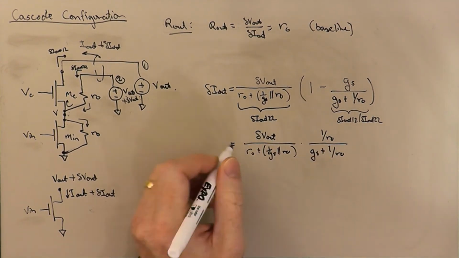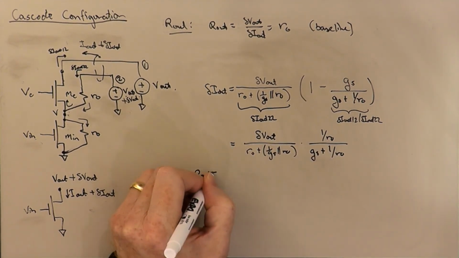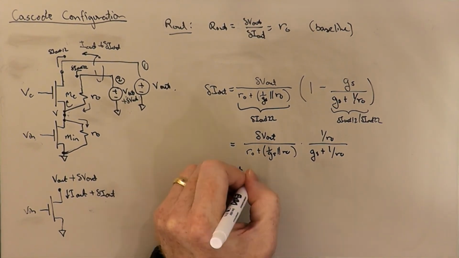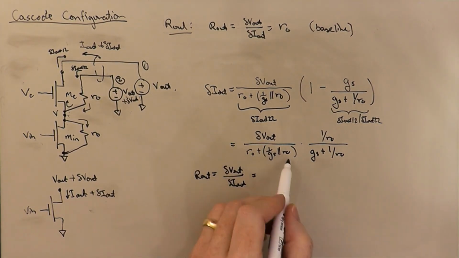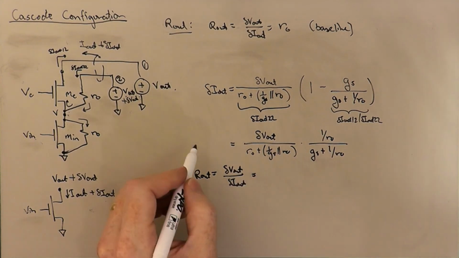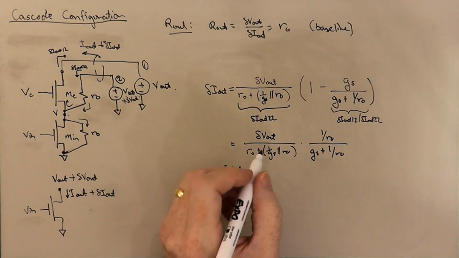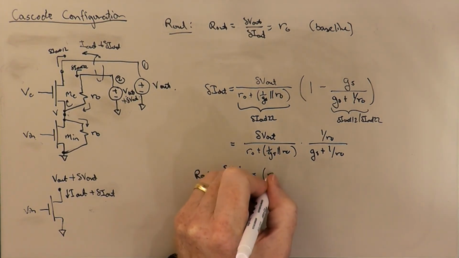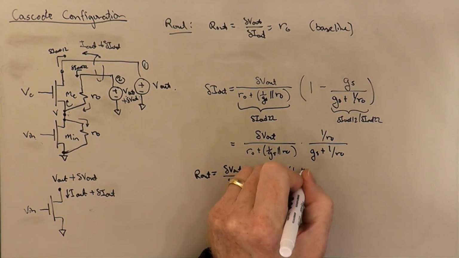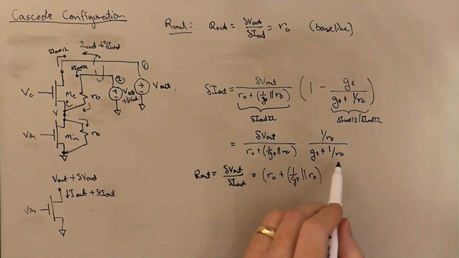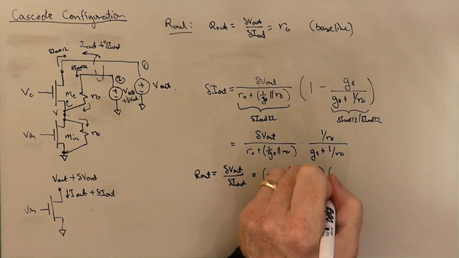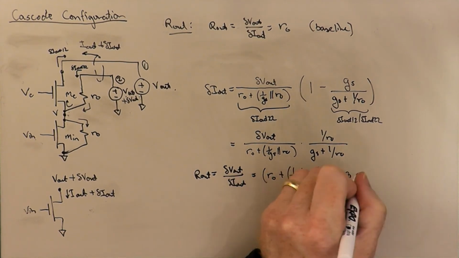And then that means that R out, which is delta V out to delta I out, is just going to be 1 over the stuff that's multiplying delta V out, because we take this downstairs on this side, we take the delta I out downstairs on that side, we get basically RO plus 1 over GS parallel RO, and then taking this downstairs here and clearing out the nested fractions gives us a multiplier of GS RO plus 1.